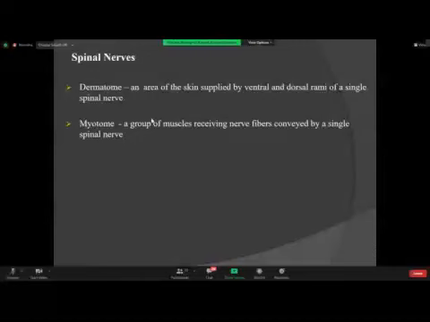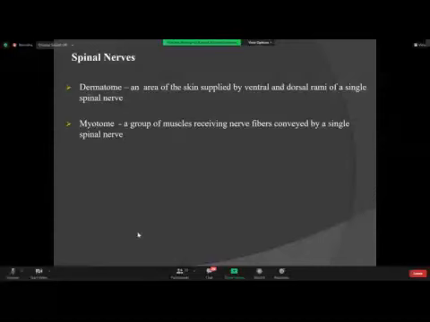Myotomes are groups of muscles that receive nerve fibers from a single spinal nerve. This makes our understanding very easy of how a single nerve can play a role in both receiving information and also executing it via the motor function.